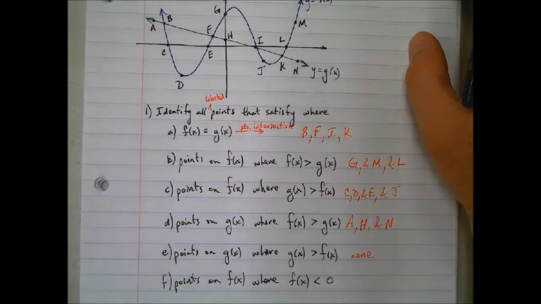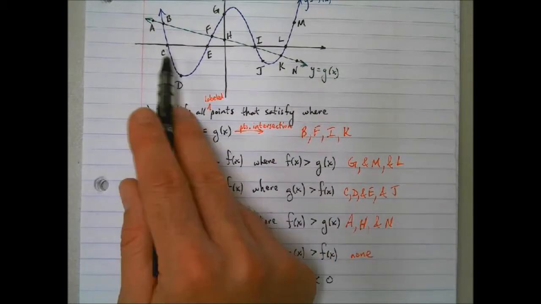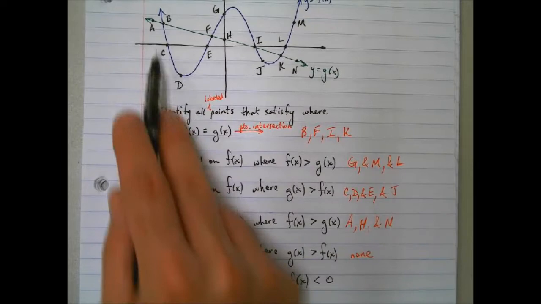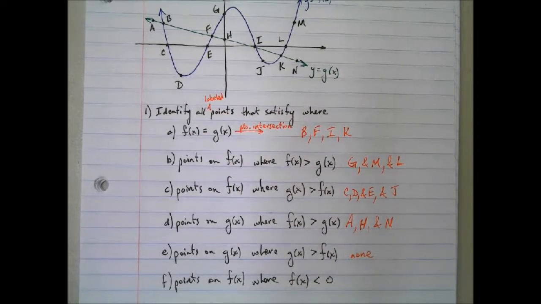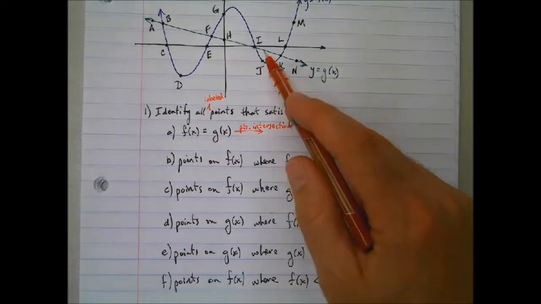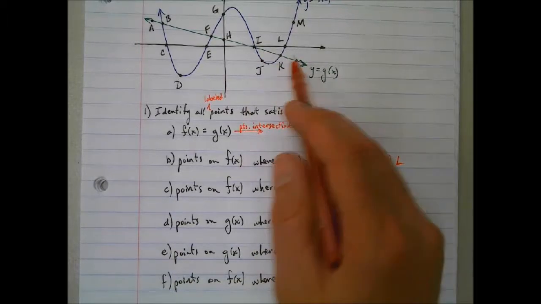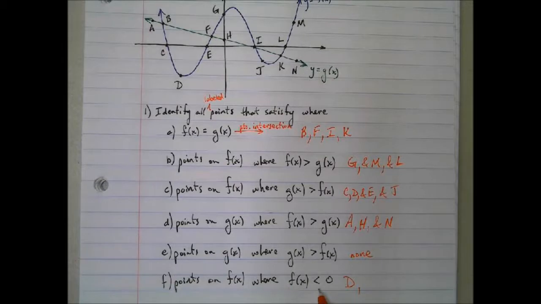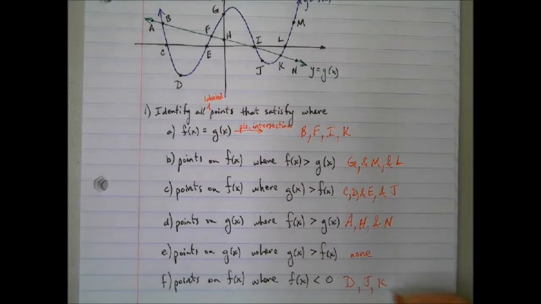First off, well, it's negative anywhere it's below the x-axis. So are there any points on f where it's below the x-axis here? Well, sure, at D. So got at least D. Any others? Well, yeah, over here we're below the x-axis. Any points on f where f of x is less than 0? About J and K. Okay. And so they can always do less than 0, greater than 0, stuff like that as well.